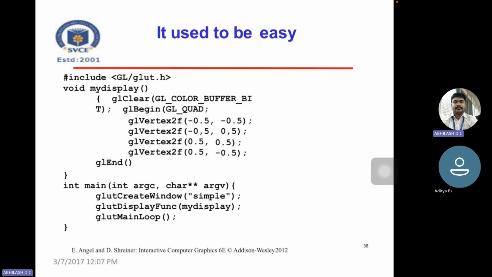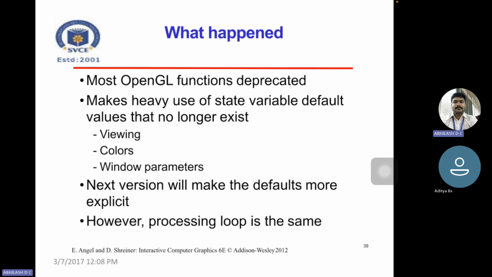So when my display has been initiated, you can see that void my display, from there it will run. Glut main loop refers to, once it is done, do not erase it, let it be there. So glut main loop will be repeatedly showing the same output, whatever you have displayed.